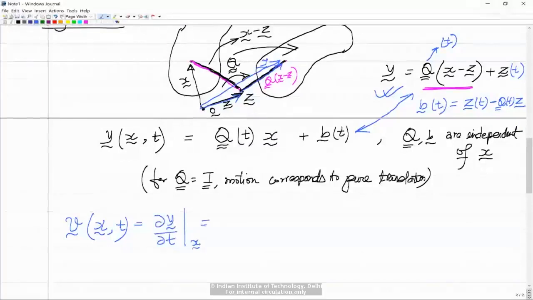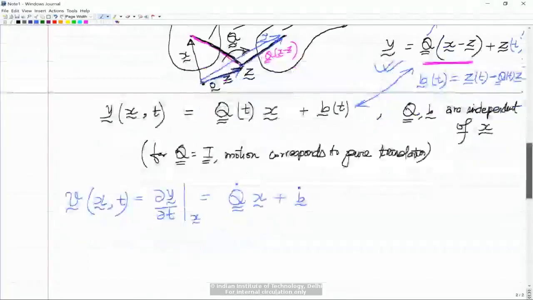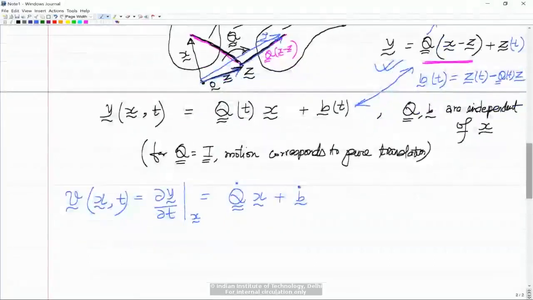And so you come to the map, and then you have q of t, so it becomes q dot of x plus b dot, isn't it? So I hope that all of you agree with me on this part.